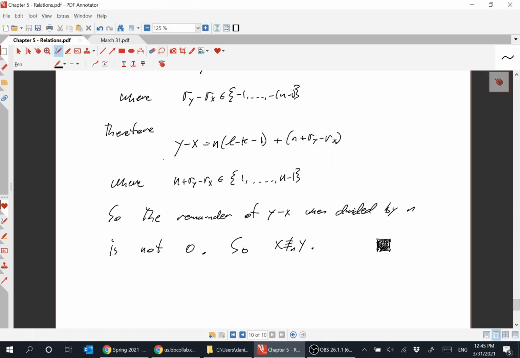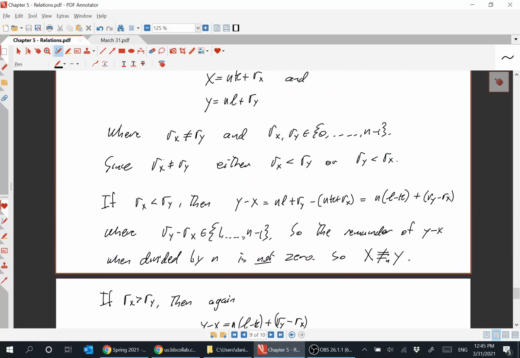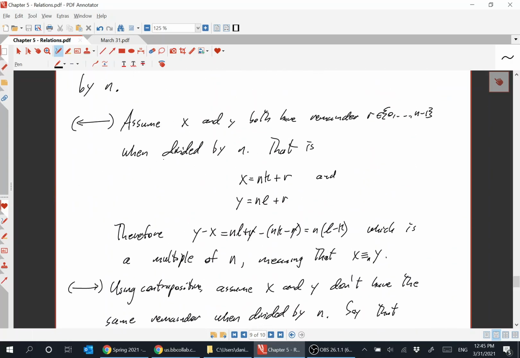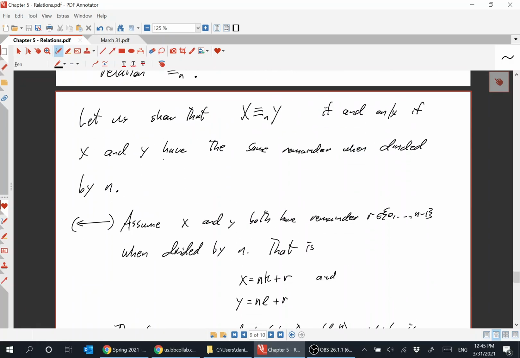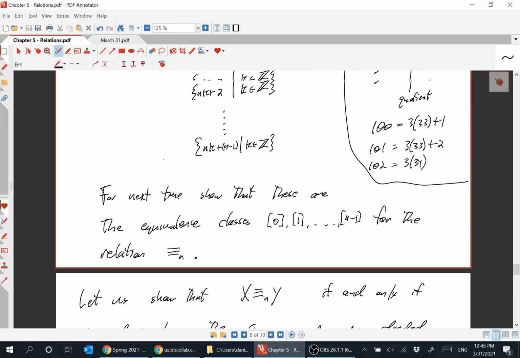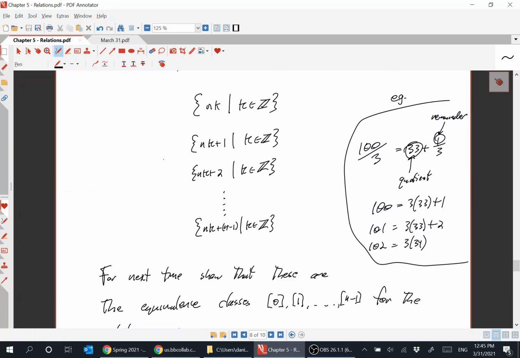But what we have just shown is that this relation, x related to y modulo n, gives you these equivalence classes. Well, sorry, the relation defines this partition. So since the relation defines this partition, where two things are related when they're in the same block of the partition, it must be an equivalence relation, because those are the equivalence classes.